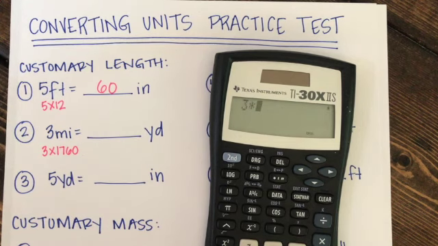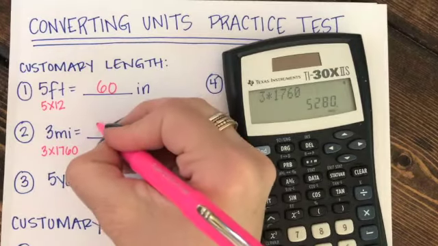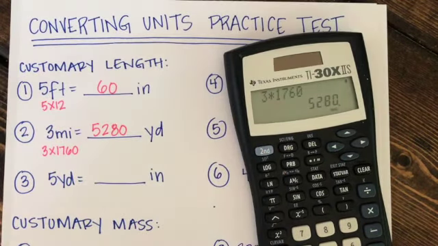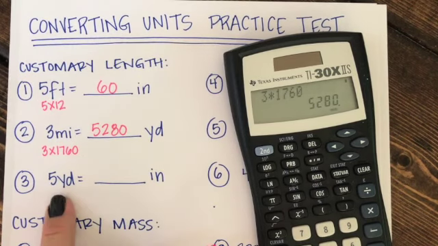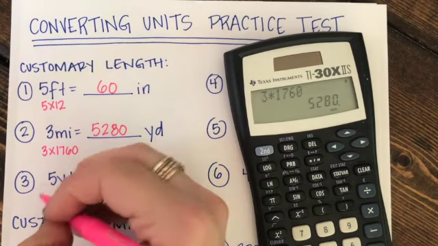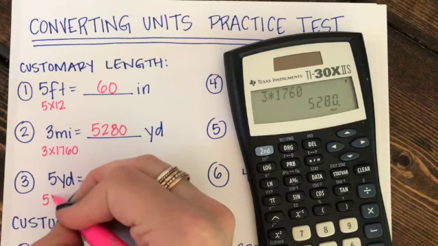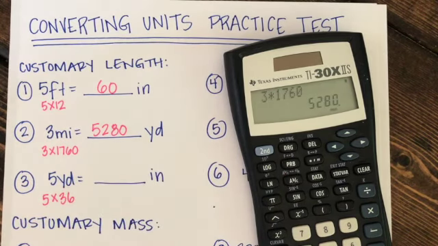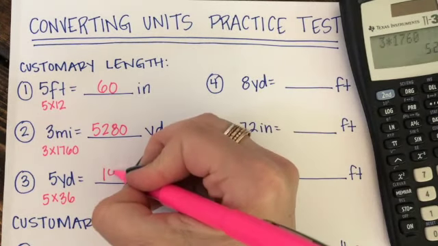So 3 times 1,760 is 5,280 yards. Okay, next, 5 yards is how many inches? So 5 times, there's 36 inches in every yard. So 5 times 36 is 180 inches.